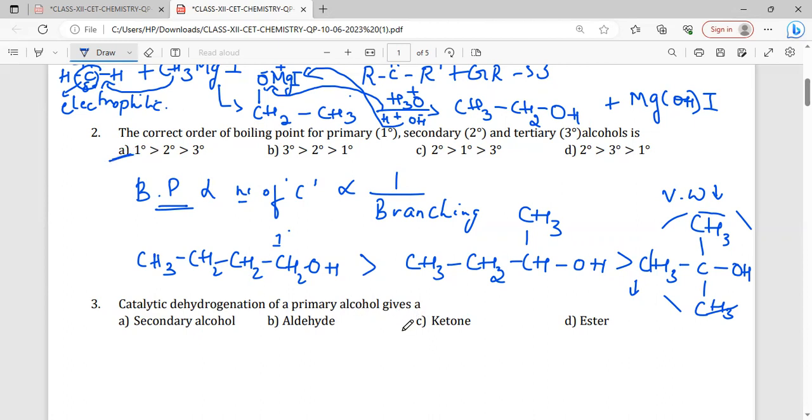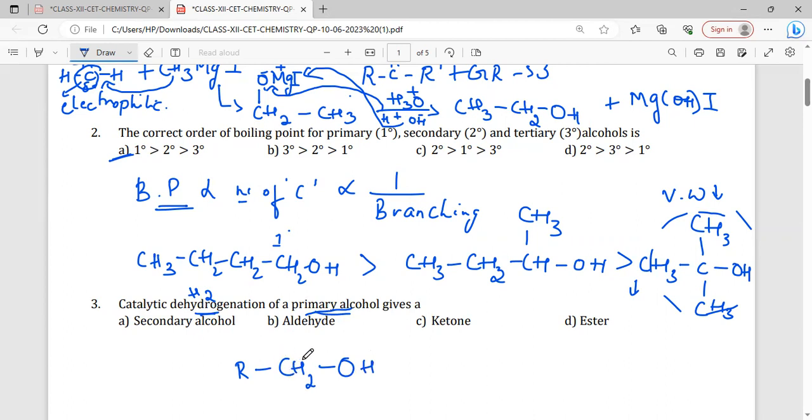Coming to the next question: catalytic dehydrogenation of primary alcohol gives, very easy question. Catalytic dehydrogenation means we are removing hydrogen, H2, from primary alcohol. So let me take this RCH2OH, the primary alcohol.